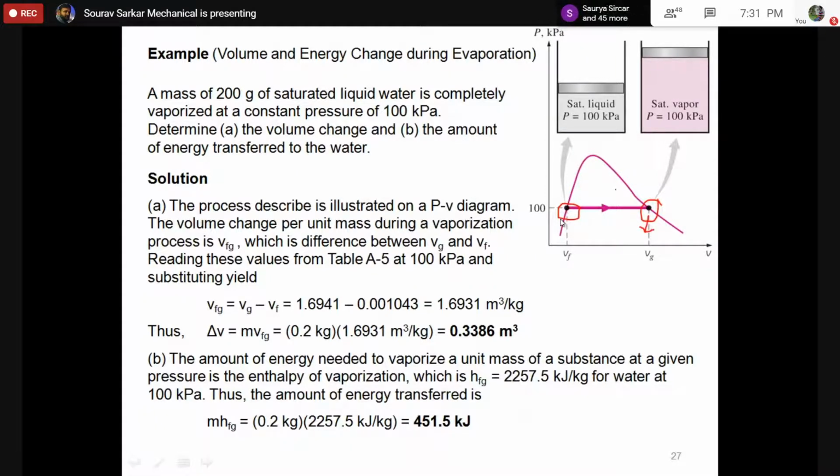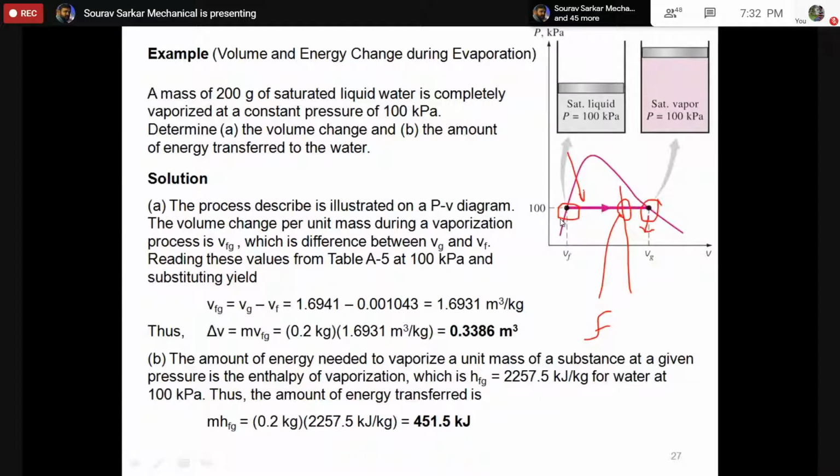It may happen that 75% of the liquid is converted into vapor. If 75% liquid is converted into vapor, what will be its final volume? What will be the value of the energy that is required to support this phase change? It may happen. We never always deal with the end points. There are some situations where we also have to deal with the intermediate points.